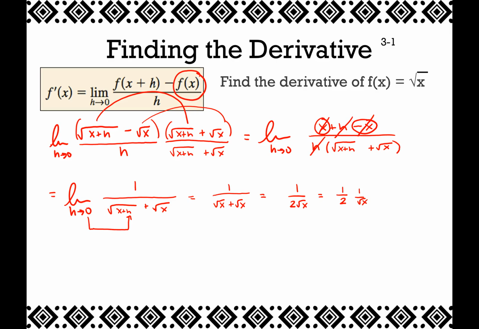Well, I'm not crazy about writing 1 over the square root of x. And so instead, for now, I want to think of that as bringing that up to the numerator. So what happens when I do that? Well, I'm going to rewrite this as 1/2 times 1 over x to the 1/2. Sorry, that's too small. Let me rewrite that.